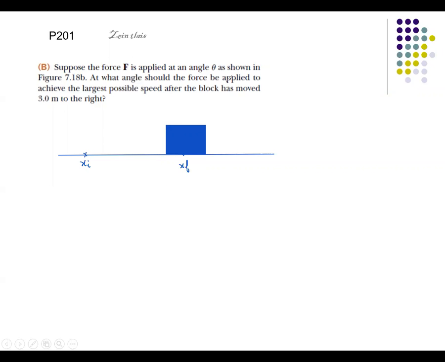Part B: now the force applied on the object has an angle theta with the horizontal.